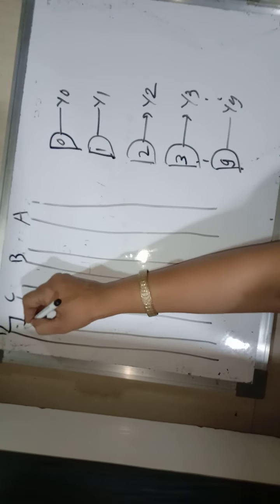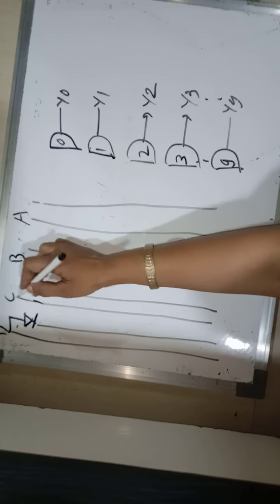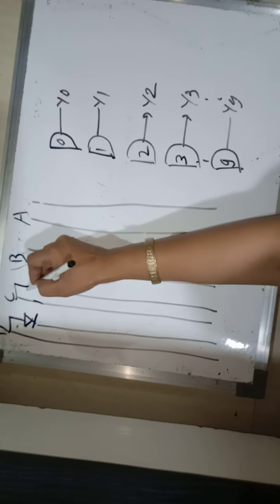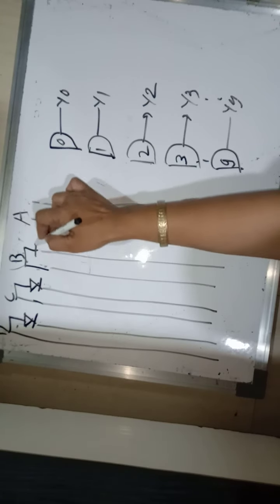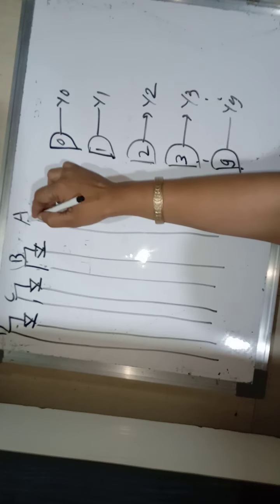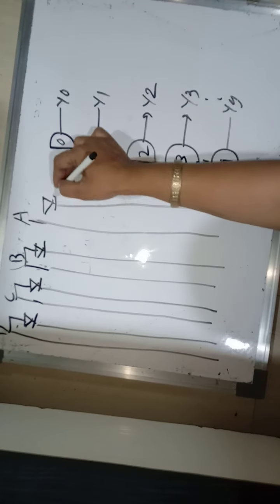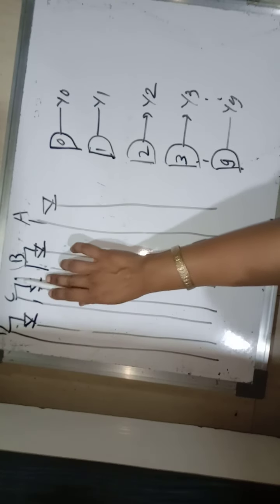Okay, so we are using here NOT gates, such as in your demultiplexer circuit, to invert the input, which means this is D bar, C bar, B bar and A bar. Okay. So this is the construction of your BCD to decimal decoder.